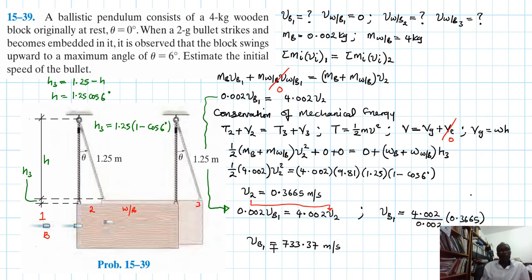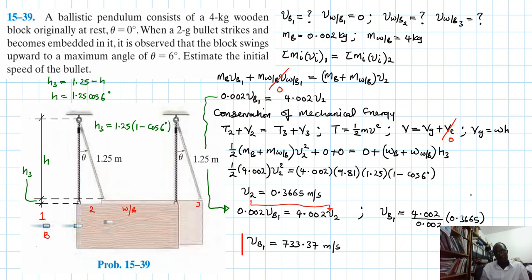Okay, so this is the initial velocity or the initial speed of the bullet. And this one makes sense, right?